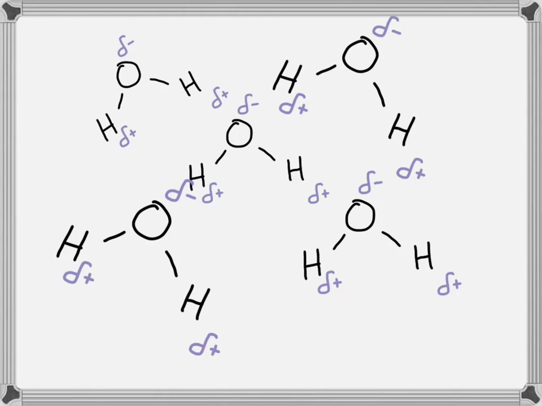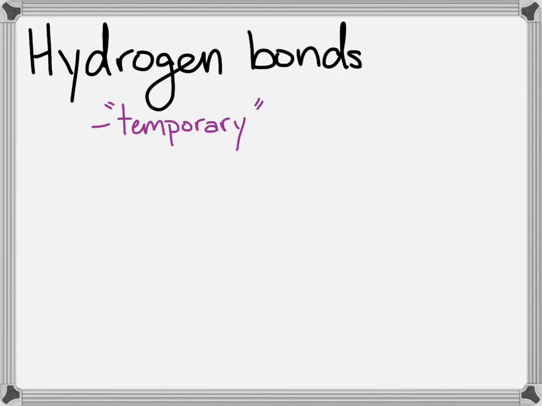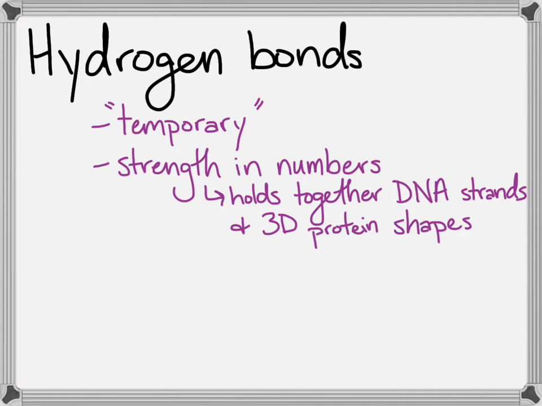So this is not a long-lasting bond like covalent bonds, but many hydrogen bonds together can really start to shape us. They hold together our 2 double helical DNA strands. They're responsible for most of the folding that shapes proteins into little working machines. Hydrogen bonds normally involve the hydrogen of one molecule being attracted to another molecule.